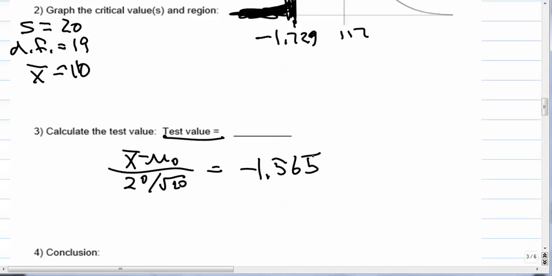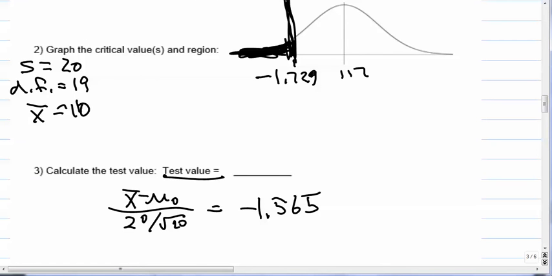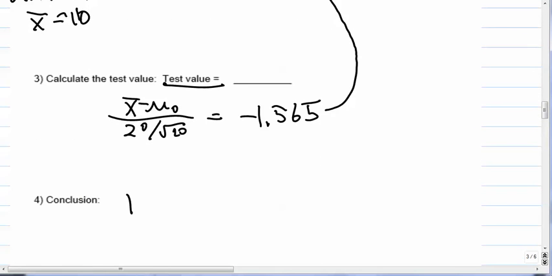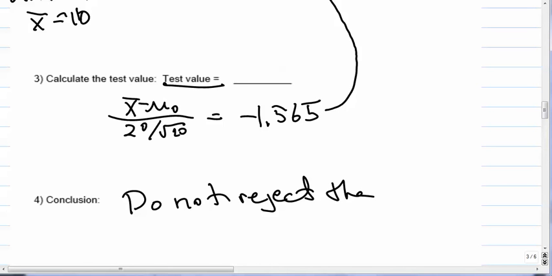If you look at a little graph, the critical region, our data value is going to be somewhere here. That is not in the critical region, so we do not reject the null hypothesis.